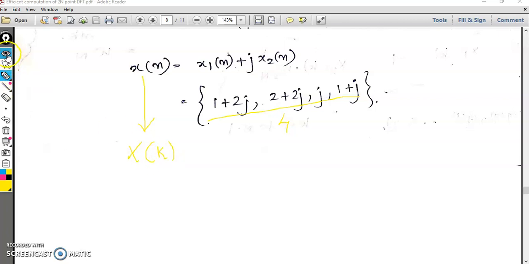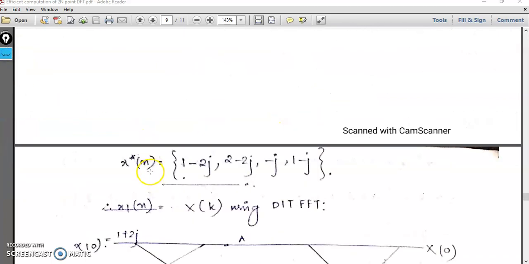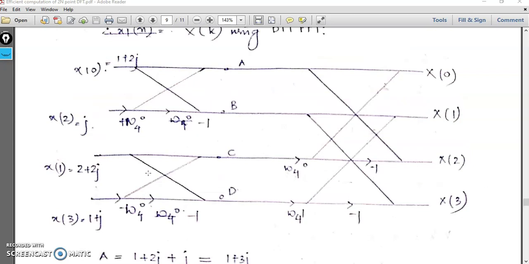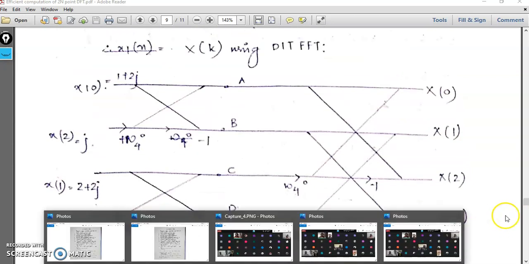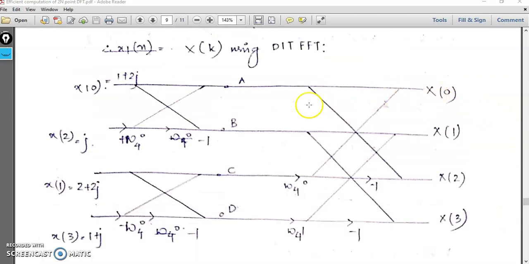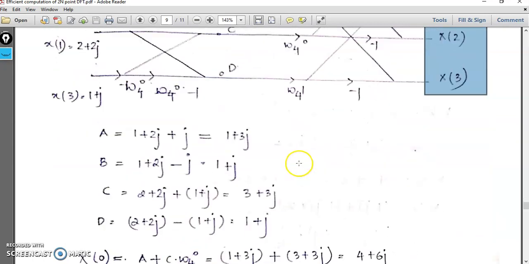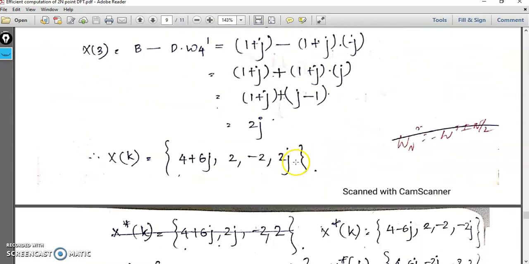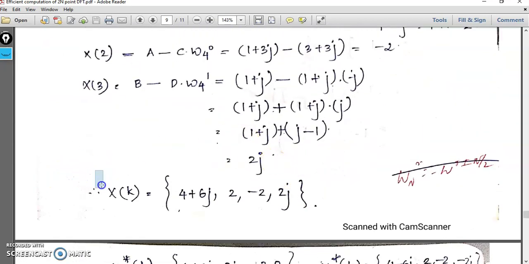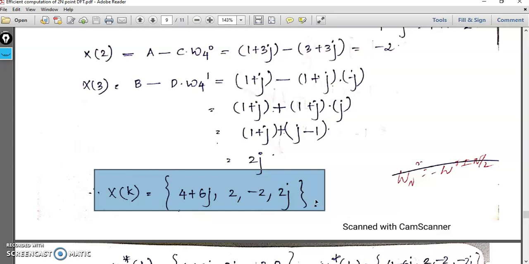You can use a DIF algorithm or a DIT algorithm, any method. Here it is discussed using the DIT FFT algorithm. Using it, you can compute the values of capital X of 0, X of 1, X of 2 and X of 3. Do this problem and you will get the value of x of k. The X of k value is here.